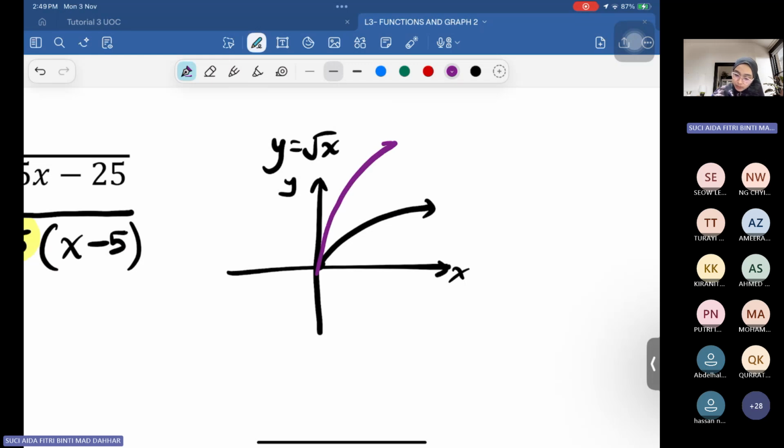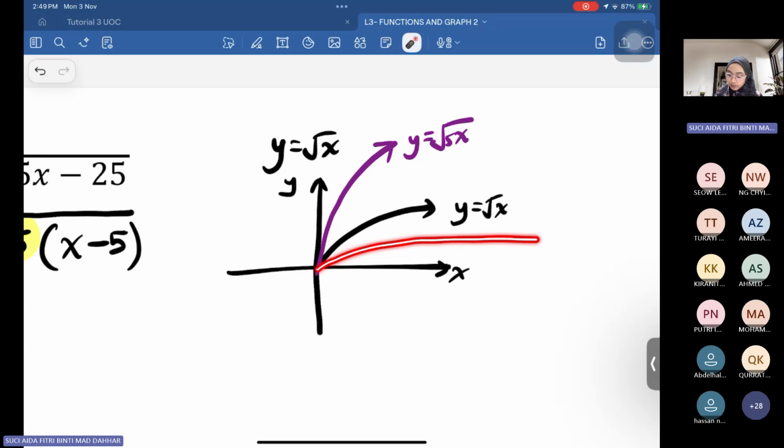Higher, isn't it? Steeper and higher. That's the difference: this is y equals square root of x, and this is y equals square root of 5x. You compress. Don't stretch. If you stretch your x, it will be wider and shorter. This is not the right one.